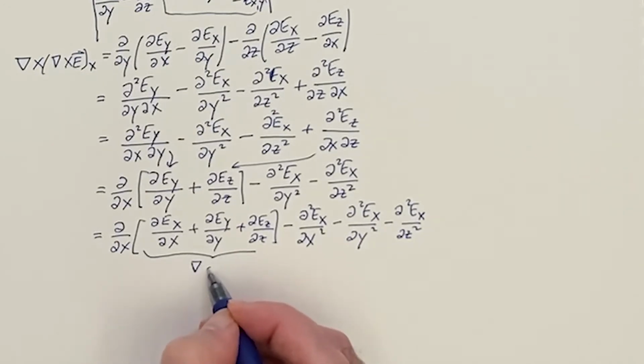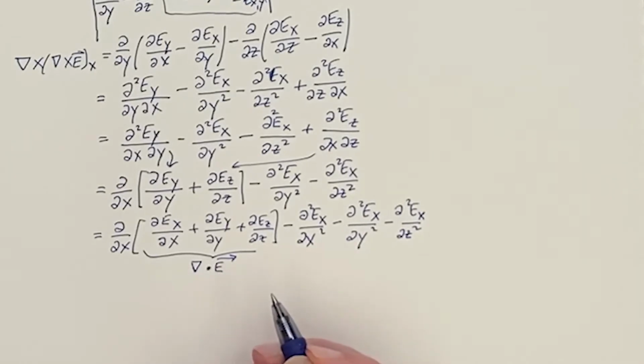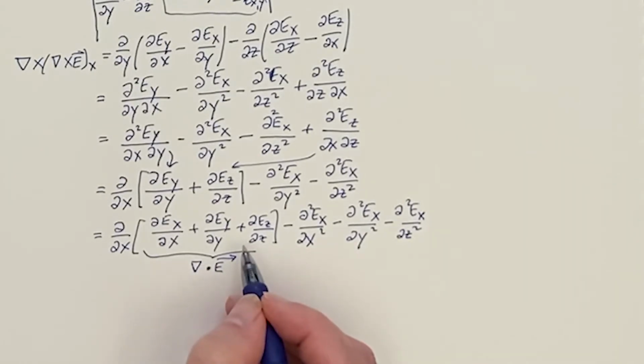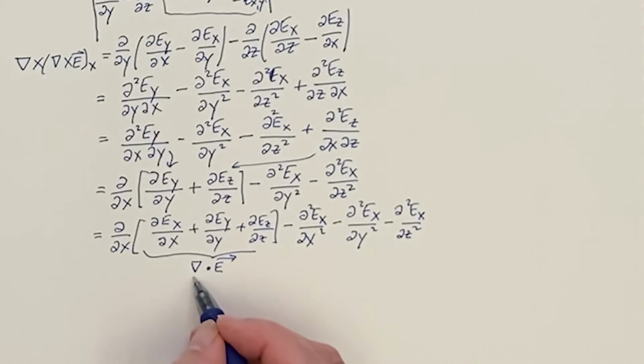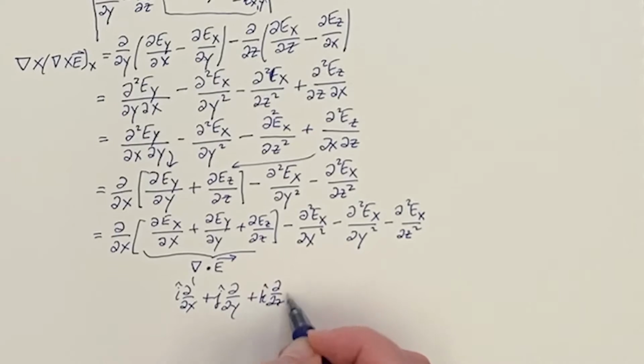And now we see that this is the divergence. That's the divergence, the del dot E. Remember that this is i hat d/dx plus j hat d/dy plus k hat d/dz.